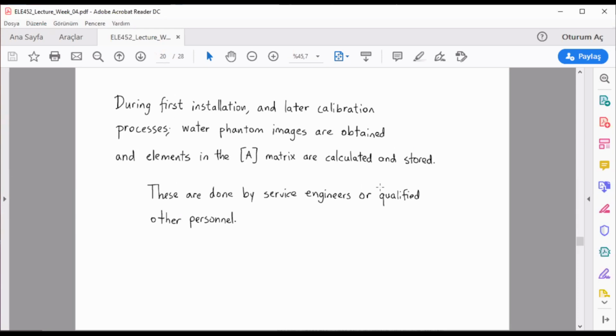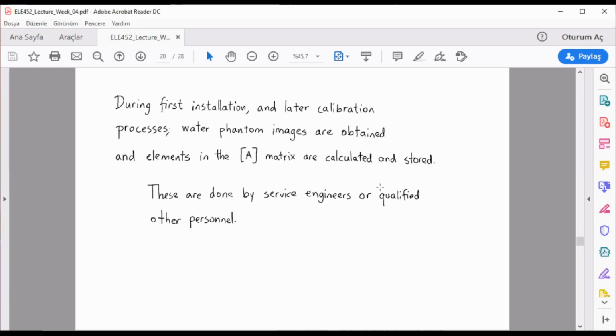In these equipment, where the engineers are interested, during the first installation of the computerized tomography system, and in routine periodical maintenance procedures, calibration is performed.